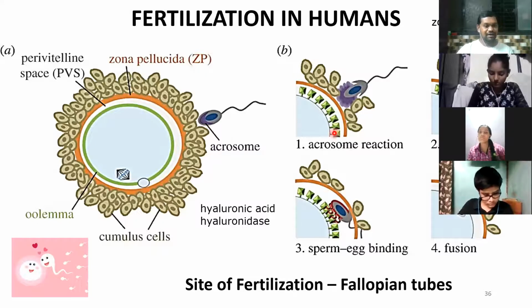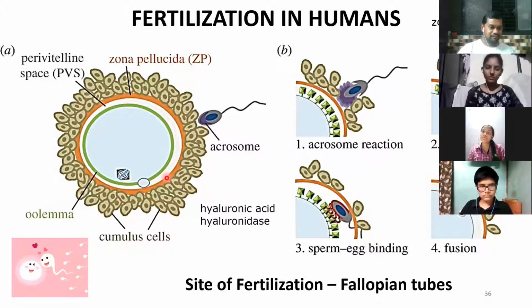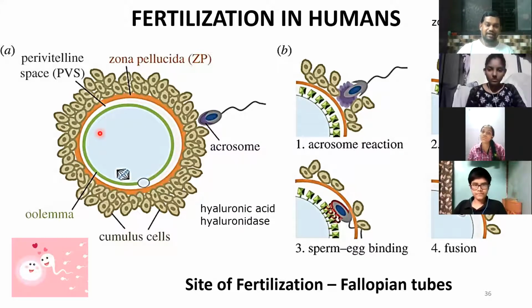Around the secondary oocyte, there are hundreds of sperms which are surrounding it. But nature has made it a rule that only one gamete will enter the female gamete. More than one can never enter. It's like a competition. So the sperm which reaches first is the winner.